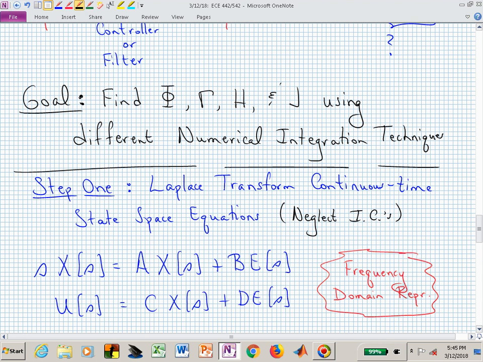Here, s is located in two places. One is the argument of these. We don't need to worry about that. That's just telling us we're in the frequency domain, the Laplace domain. We really just need to worry about the s that's the coefficient in front of the X's, A's, B's, etc. And we only have one s sitting in this whole collection as a coefficient.